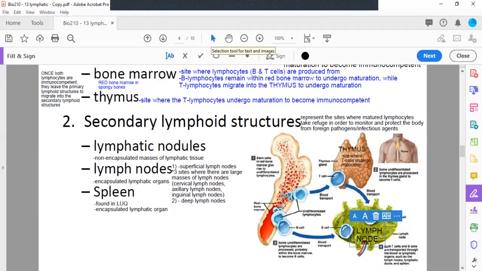So when you have an infection in a certain region, for example, let's say you have an infection somewhere in the inguinal region. Okay, so let's use an example, STD. Once you have the infection in the inguinal region, the inguinal lymph nodes become swollen.